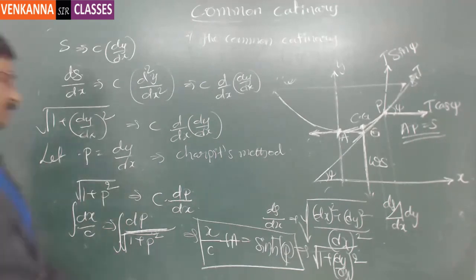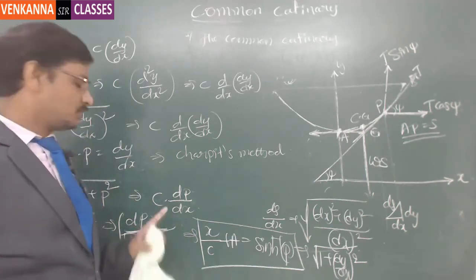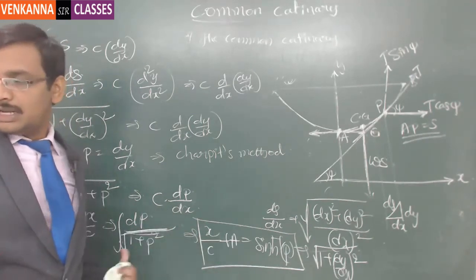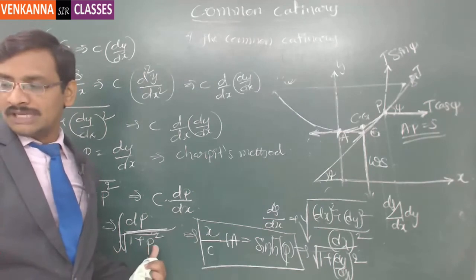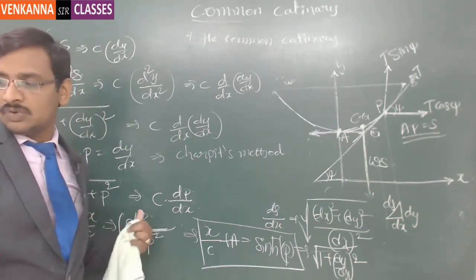Integral part. This integration, dp by square root of 1 plus p square, you should be aware of. This is a standard one. You can assume p as sinh t, and then square root of 1 plus sinh square t is nothing but cosh t, and the derivative cosh t in the numerator comes.